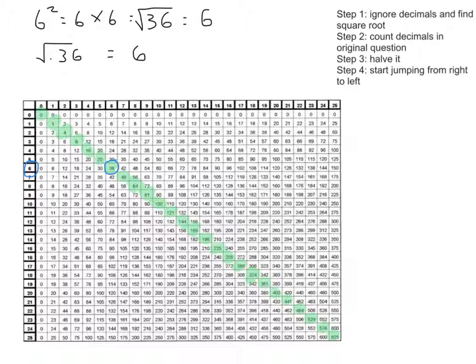So let's do that. We start from the right and we jump to the left, and we stop there, and that's where we put our decimal. Okay, so our answer for this question will look like this.